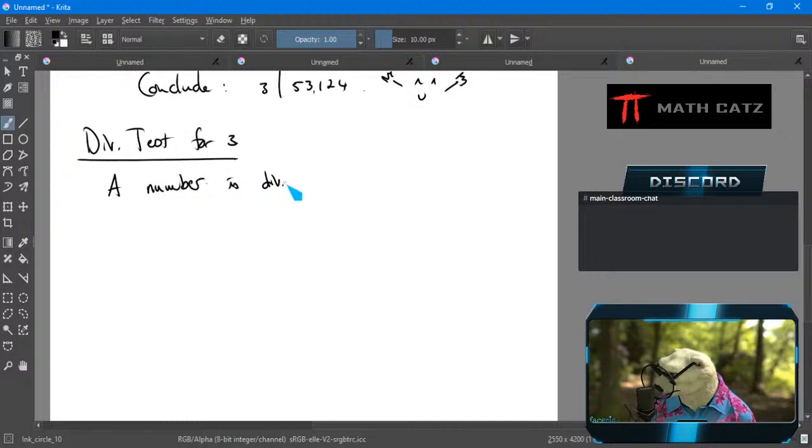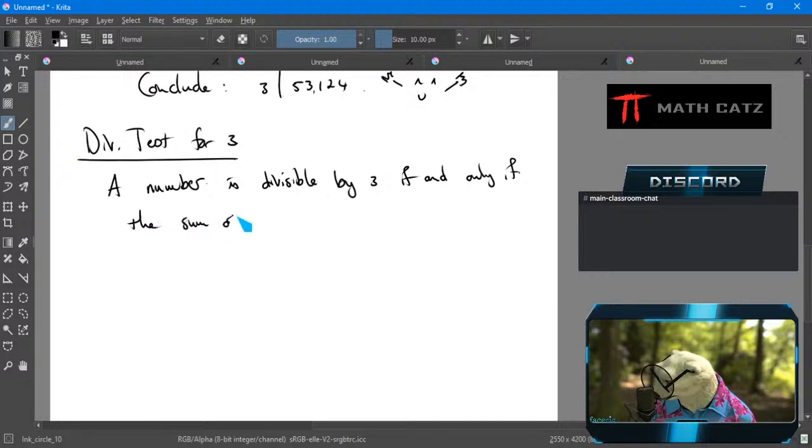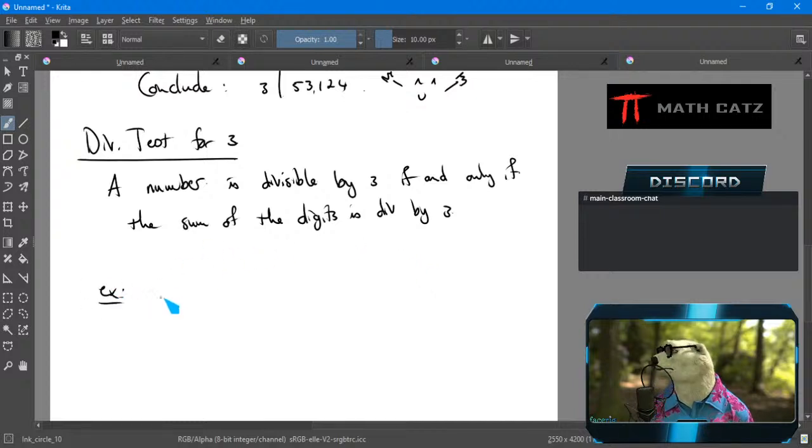A number is divisible, I have to sound this word out all the time, by 3 if and only if, that's the only test I need, the sum of its digits is divisible by 3.